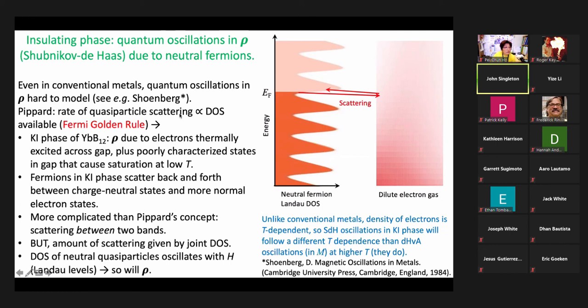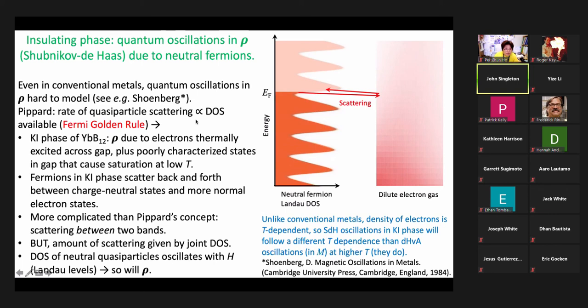So if there's a high density of states, you'll get a lot of scattering, you get a high resistance. If you have a low density of states, you have not very much to scatter into, so you get a lower resistance. So in a Landau level system, which I've shown on the left of the diagram, as the Landau levels go up towards the Fermi energy, the density of states will oscillate, therefore the amount of scattering will oscillate, and therefore the resistivity will oscillate.